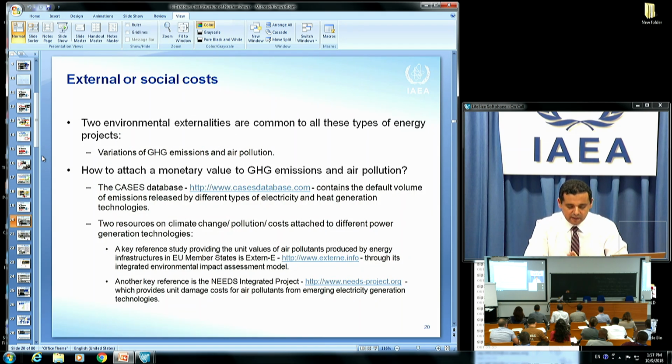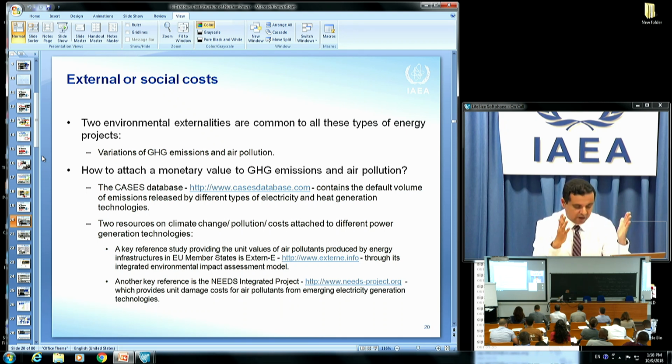So we have basically two externalities which are common to all types of energy projects. Externalities, social costs, right? On one hand, we have the greenhouse gas emissions. There was a report, I think, a few days ago, or yesterday, or a few hours ago, that was published on the climate change challenge.